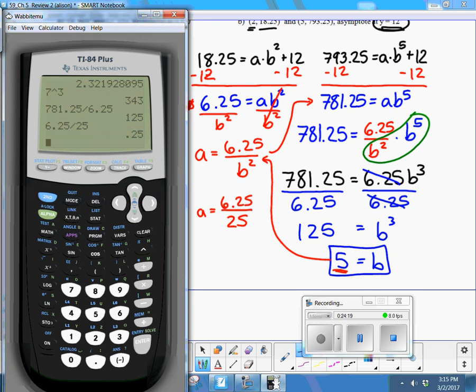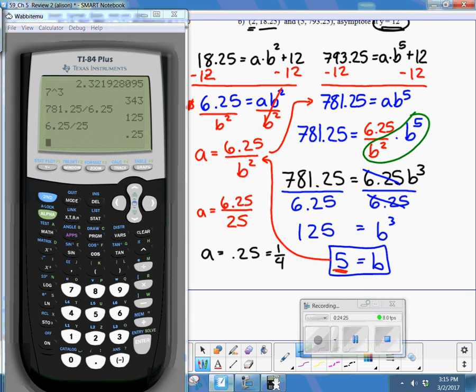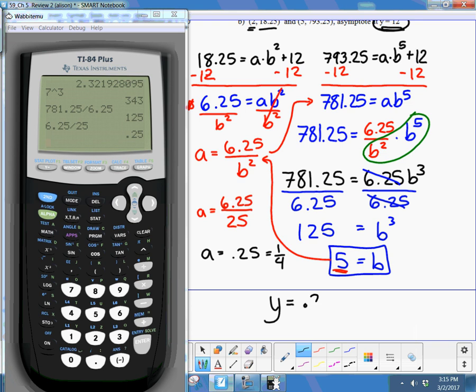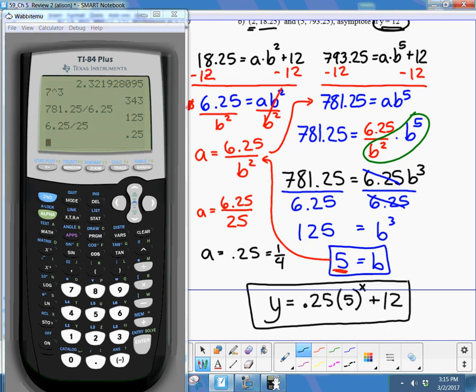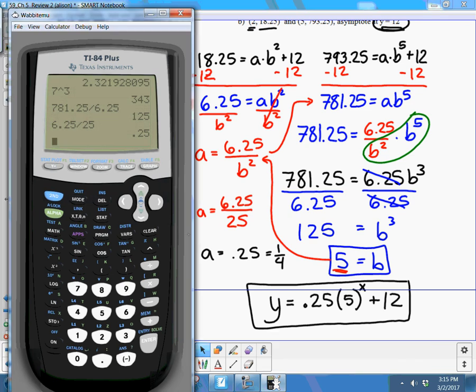A is 0.25 or 1/4. And so now we have an equation. y equals a times b to the x plus that asymptote. Don't forget that we had the asymptote in there. Alrighty, let's take a look at the next page.